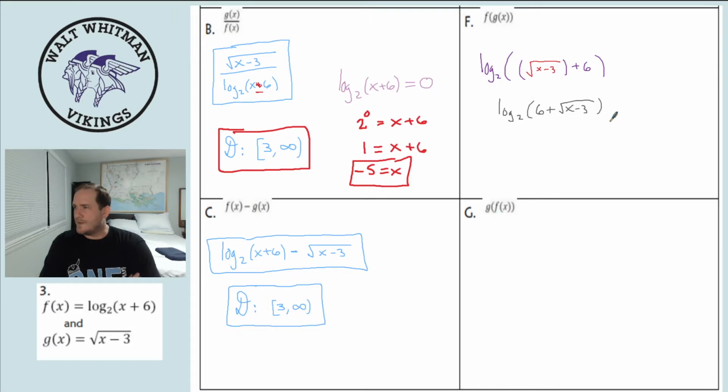Okay. Then to come up with the domain, I guess with compositions you can just start with giving the domain of the function as written. For a log, you know that you want the thing in parentheses to always be greater than 0. But if you think this through the way I hope you will, you remember that root x minus 3, you know that graph.